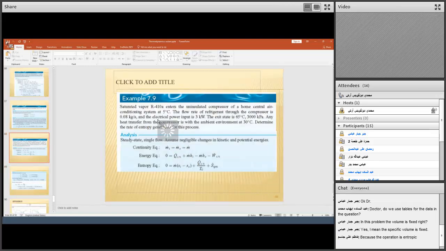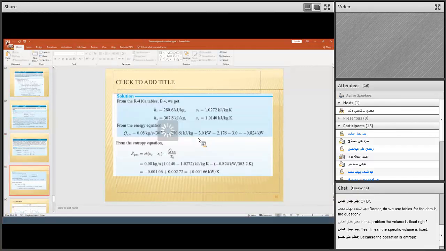According to the problem, the electrical work of the compressor means 3 kilowatt. So minus 3, that's equal to minus 0.824 kilowatt. This is the rate of heat transfer from the compressor to the environment.